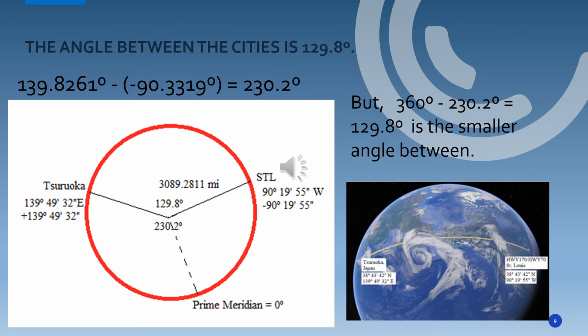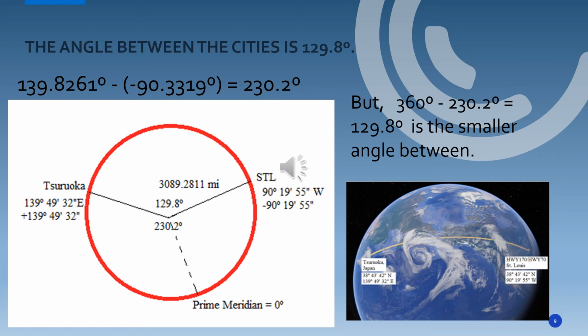Before we do our last step to actually find the distance between our two cities, we need to find the angle between the two cities. If we convert the longitude of Soroka, Japan, which is 139 degrees, 49 minutes, 32 seconds, to decimal degrees, we get 139.8261 degrees.